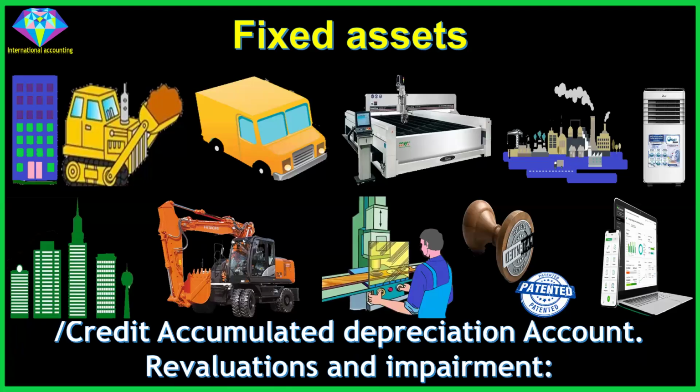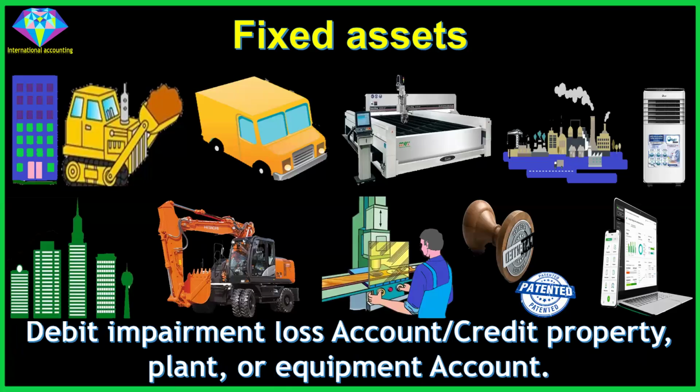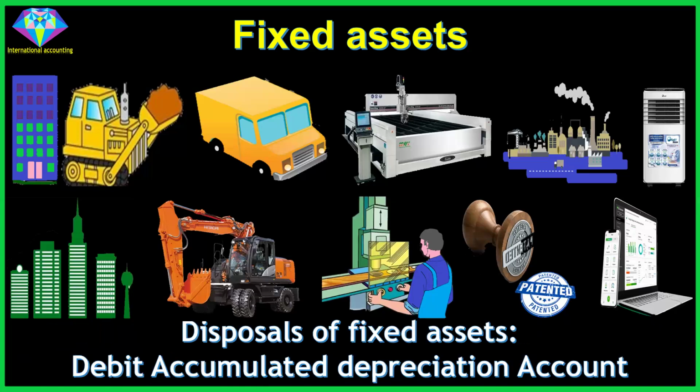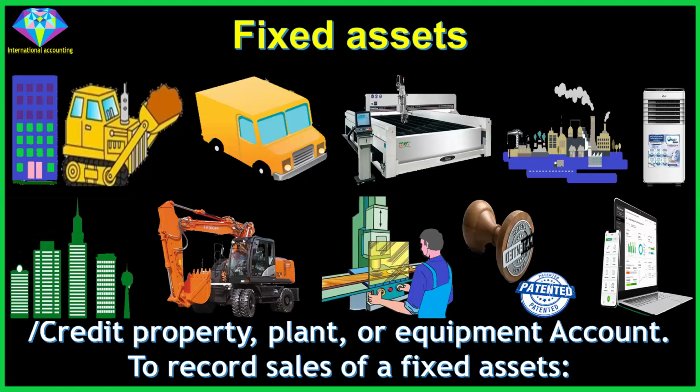Revaluations and impairment: debit impairment loss account, credit property, plant, or equipment account. Disposals of fixed assets: debit accumulated depreciation account, credit property, plant, or equipment account.